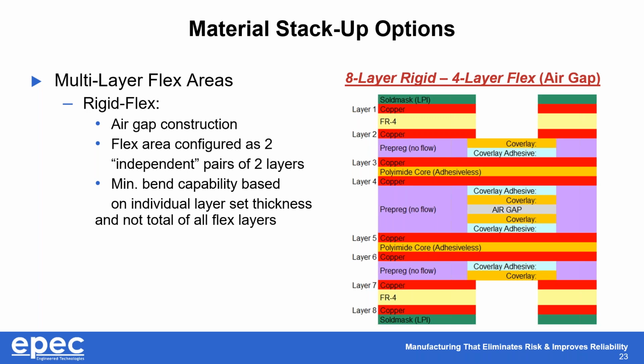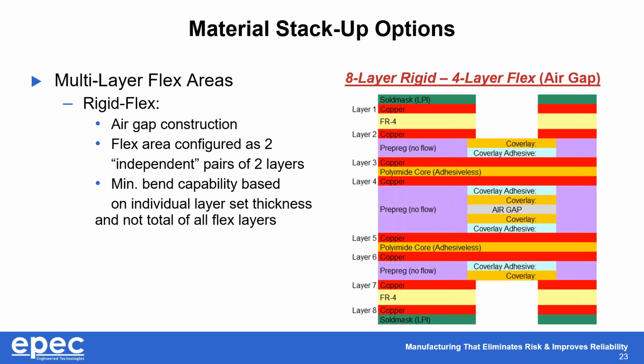Now, the 4 layers of flex are not laminated together into one 4-layer thick entity. They're configured in what's referred to in the industry as an air gap construction. In an air gap construction, you take those 4 layers and split them into 2 pairs of 2, and those 2 pairs exist independent from one another in the construction of the finished part.